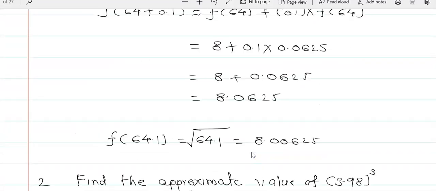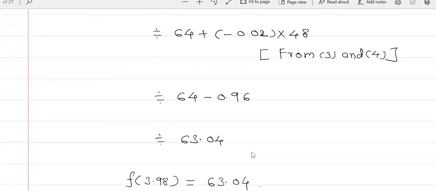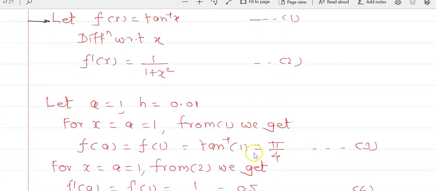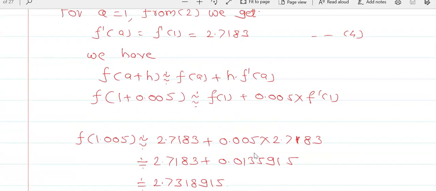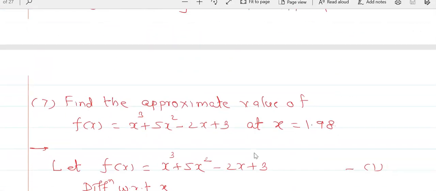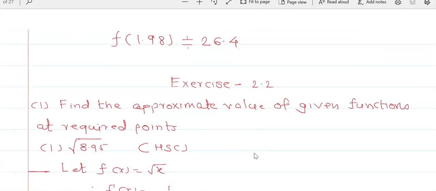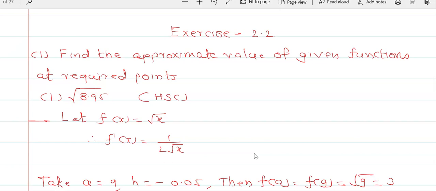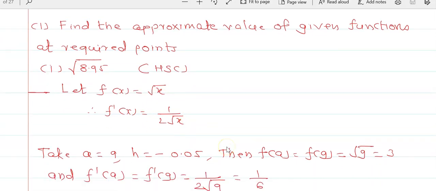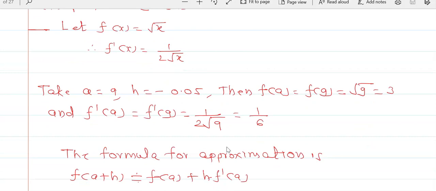Now also we'll see here. I want to show you the first example. This was the first example. f of x is equal to root x, f dash of x is 1 upon 2 root x, a is equal to 9, h is equal to minus 0.05, f of a is 3, f dash is 1 upon 2 times root x, 1 upon 6.